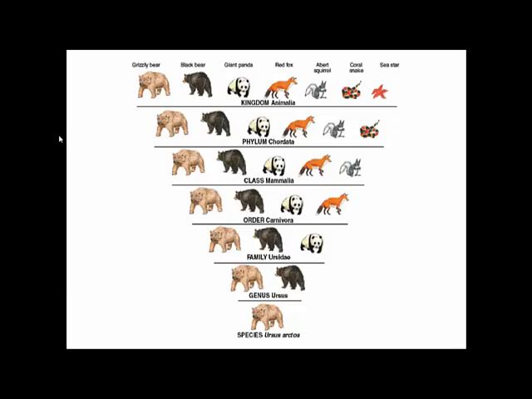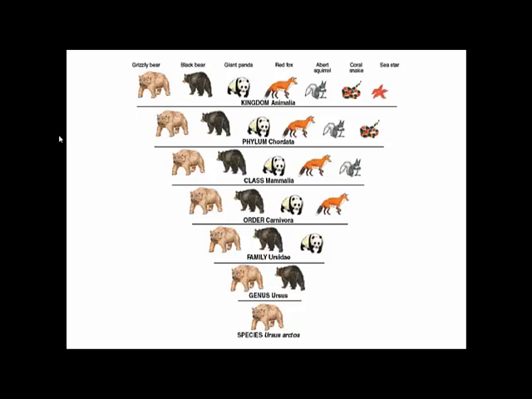Yes, you're right. But what does the classification tell us? They're all bears. They are, but what about the grizzly and the black bear? They're more closely related to each other than they are to the panda bear.